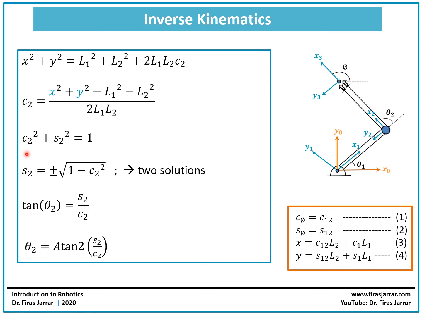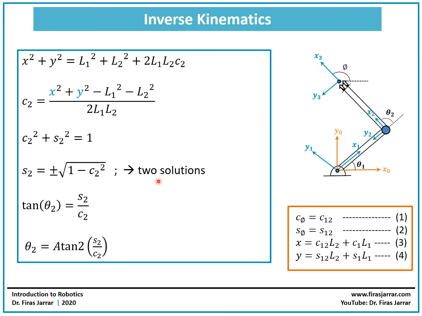What about finding sine theta 2? If you look at equations 3 and 2, there is no way of finding sine theta 2 explicitly from the equations themselves. So we would use one of the trigonometric identities we talked about before, where the square of the cosine of an angle plus the square of the sine of the angle should give me 1, from which I would find that sine theta 2 is plus or minus the square root of 1 minus cosine theta 2 squared.